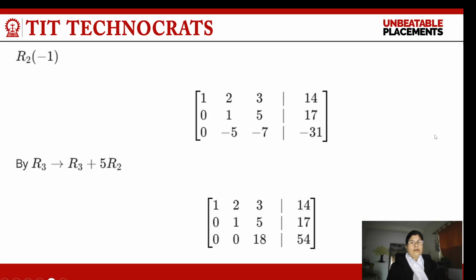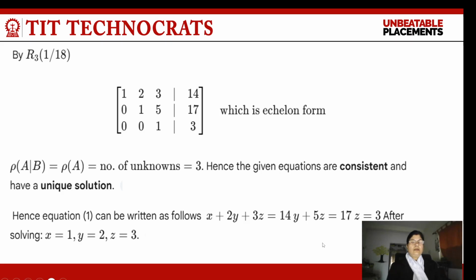Again apply R3 goes to R3 plus 5 R2, that is 1 2 3 14, 0 1 5 17, 0 0 18 54. Again we operate R3 times 1 by 18, so we get 1 2 3 14, 0 1 5 17, 0 0 1 3, which is echelon form, because here 3 rows are non-zero rows.